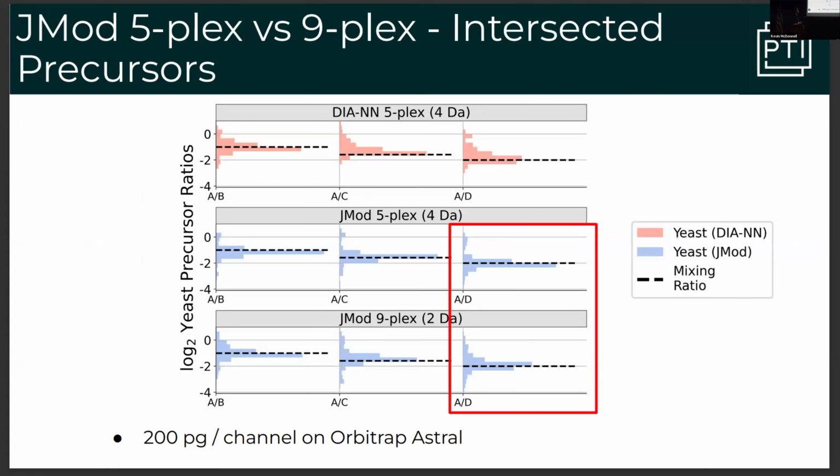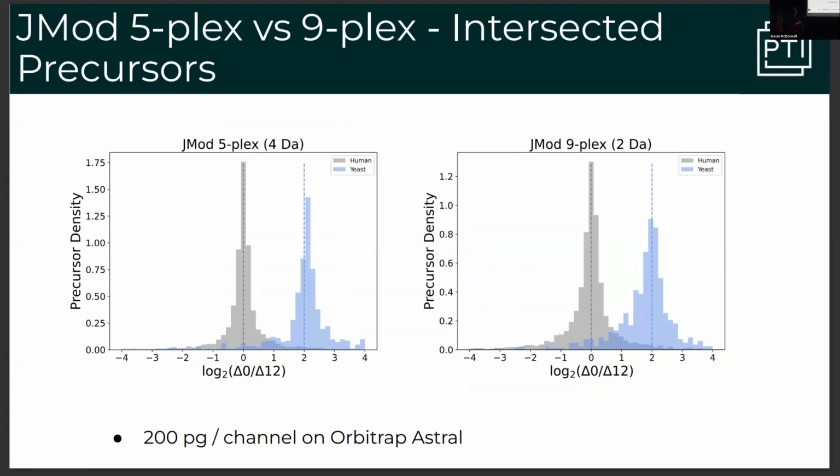And we can focus in a bit more on, say, these 4-folds, the largest fold change considered. If we look at those in the 5-plex and the 9-plex configurations, this is the delta 0 and delta 12 for both. We're getting a really accurate quantitation for both.